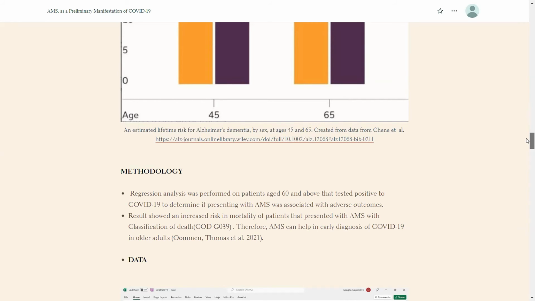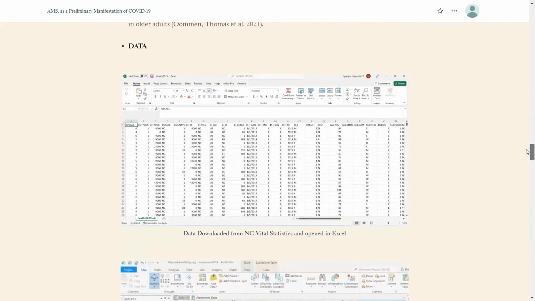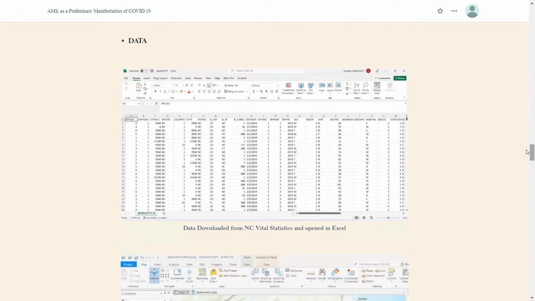Now, to understand this subject more, I went to the NC Vital Statistics to download data of persons that died of Alzheimer's disease in the state of North Carolina. This NC Vital Statistics data had a lot of death data, from cancer to Alzheimer's, to schizophrenia, to malaria, to several other diseases.